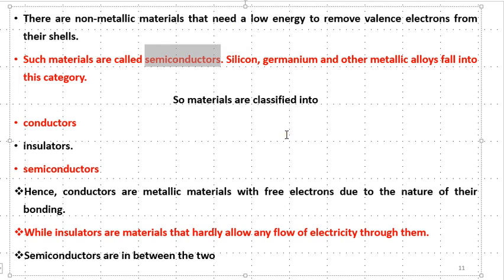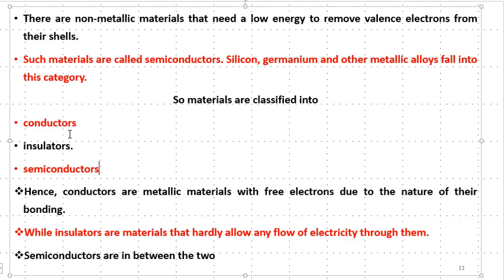So in short, elements or components or atoms are categorized into three. We have conductors, we have insulators, and we have semiconductors, and I have already explained their properties. What differentiates them is the amount of energy required for electrons to be mobile.